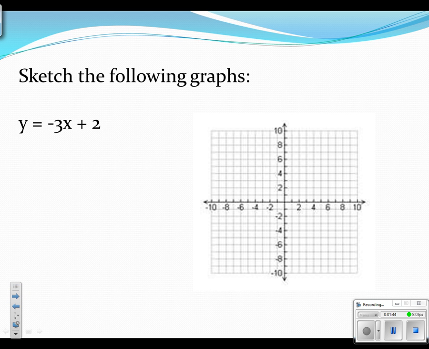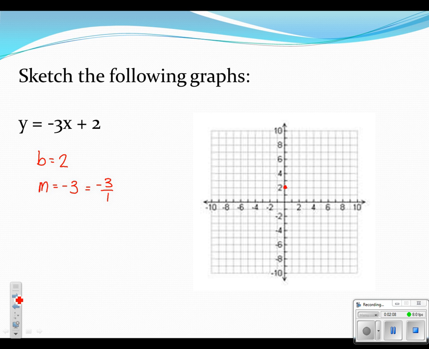So if we were going to sketch this linear equation, y equals negative 3x plus 2, our intercept is 2. So I know that this line is going to cross the y-axis at 2. I can go ahead and graph it. My slope is a negative 3. In rise over run format, just simply put it over a 1.